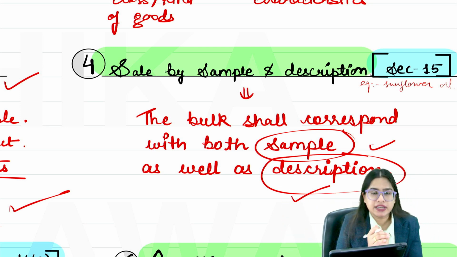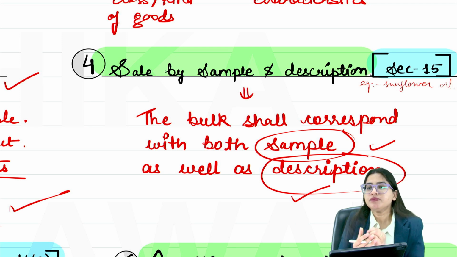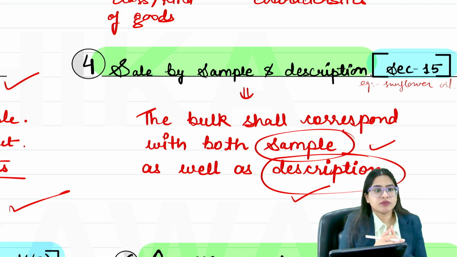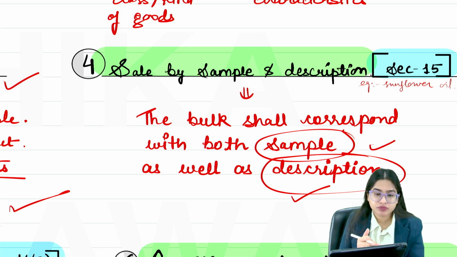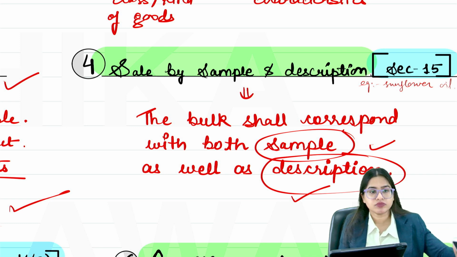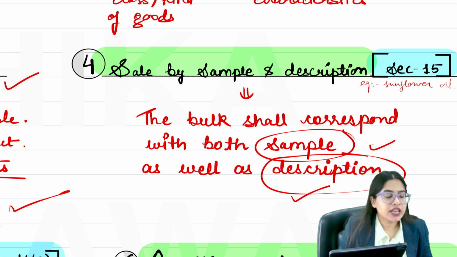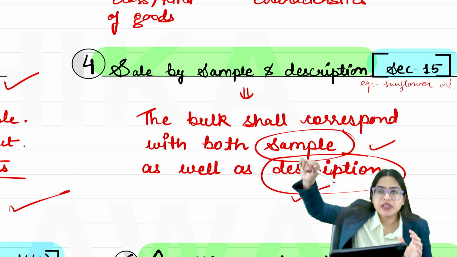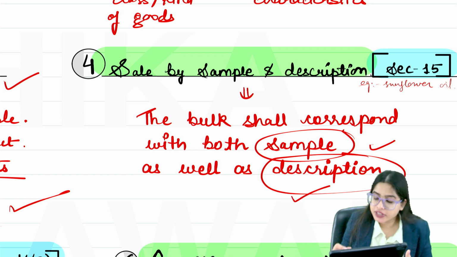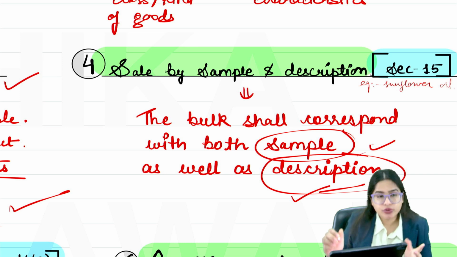For example, let's understand this with the help of an example. The sunflower oil example I was telling you. He gave me a description that it is sunflower oil and he showed me a sample also.